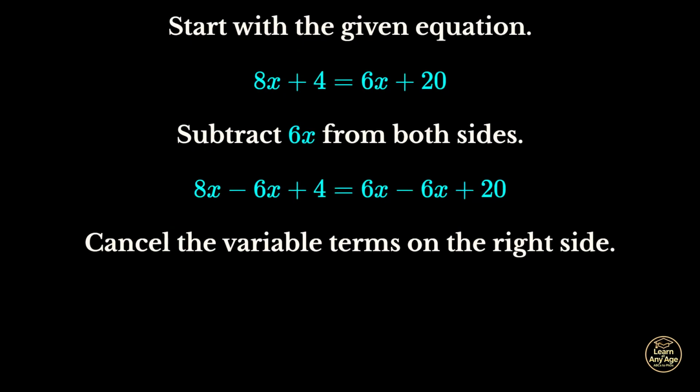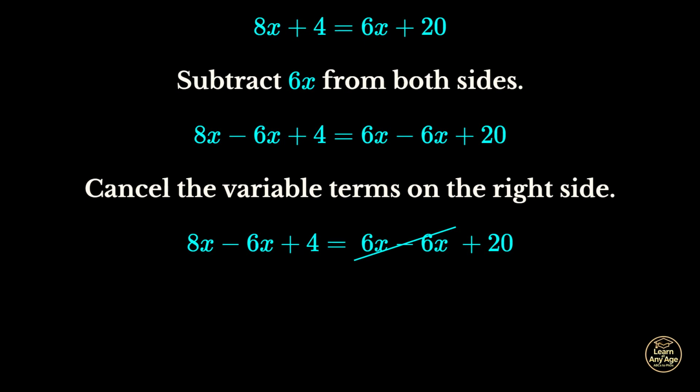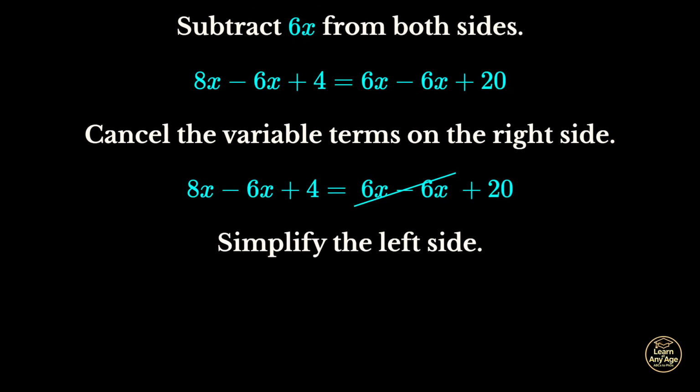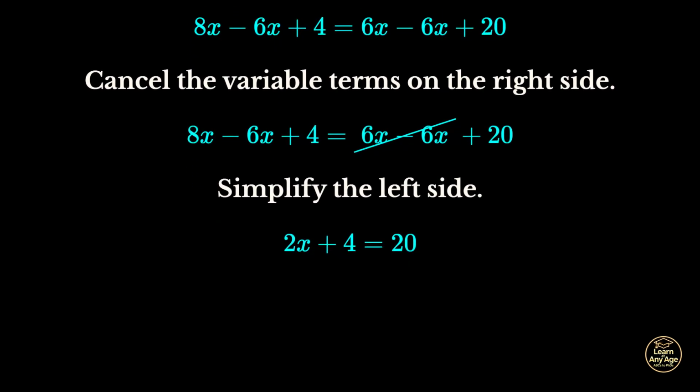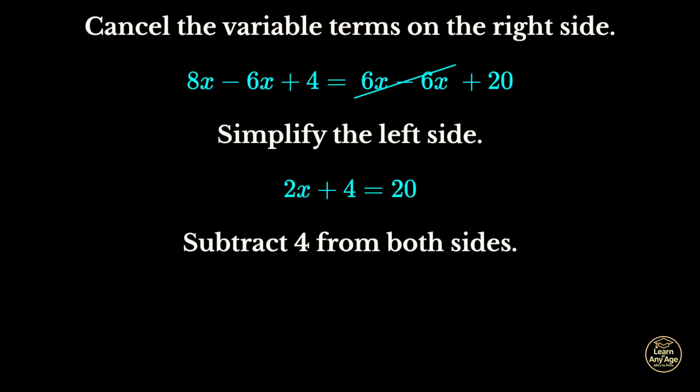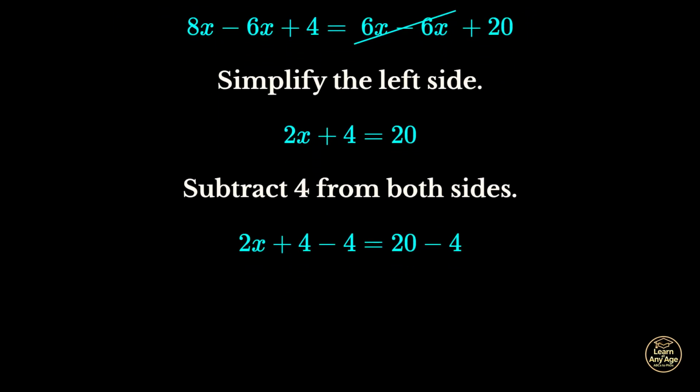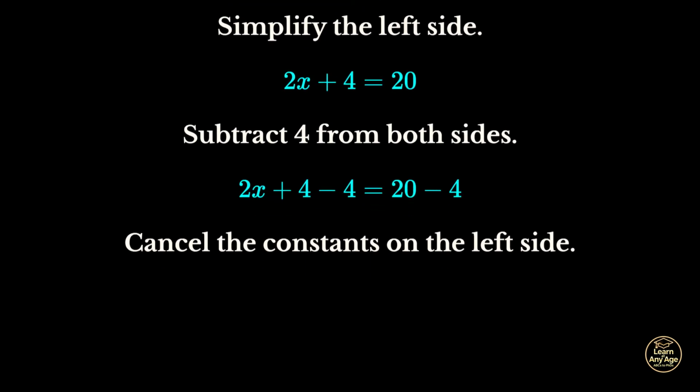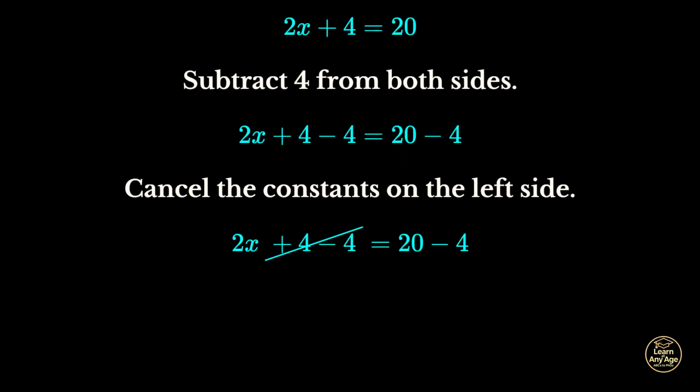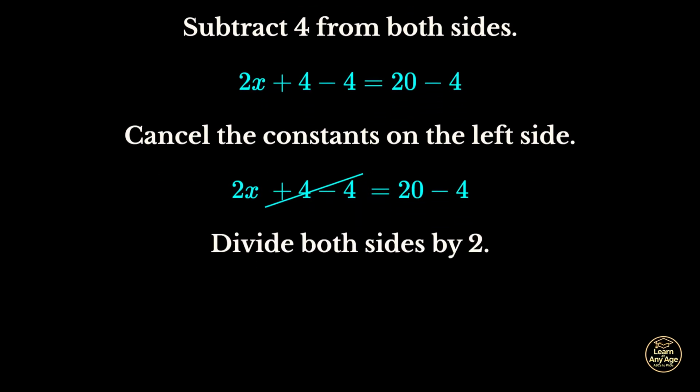Cancel the variable terms on the right side. 8x minus 6x plus 4 equals 6x minus 6x, cancelled out, plus 20. Simplify the left side. 2x plus 4 equals 20. Subtract 4 from both sides. 2x plus 4 minus 4 equals 20 minus 4. Cancel the constants on the left side. 2x plus 4 minus 4, cancelled out, equals 20 minus 4.